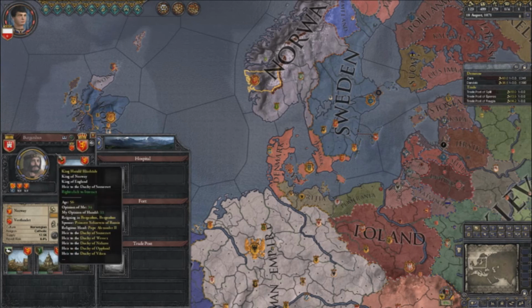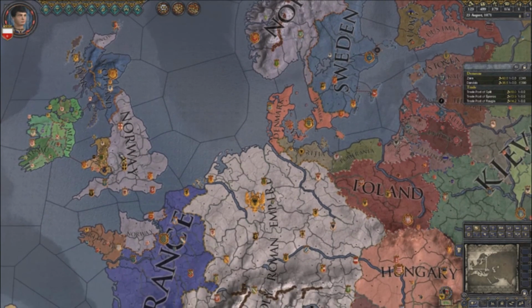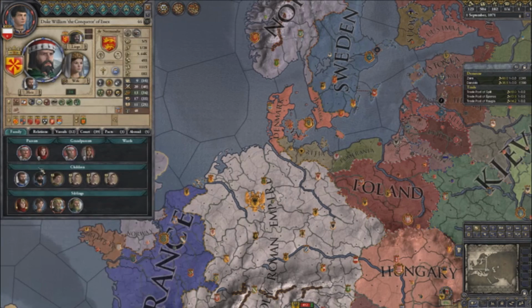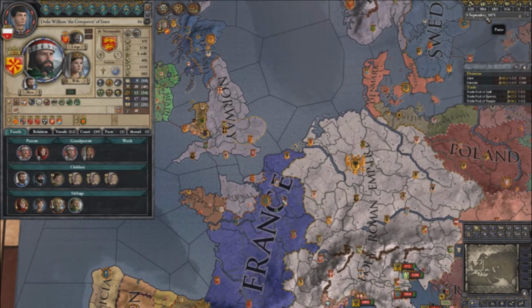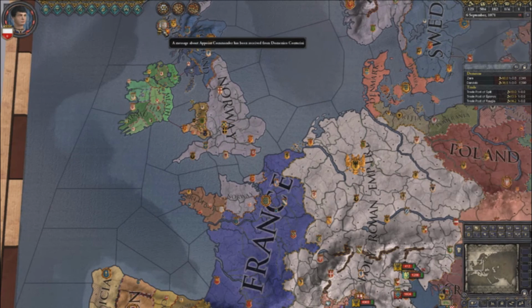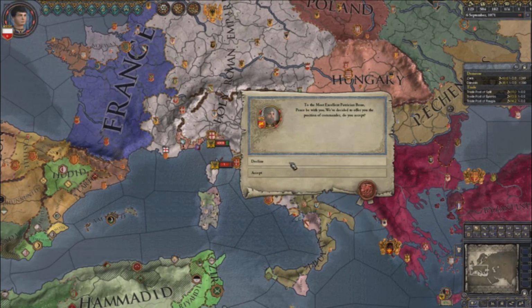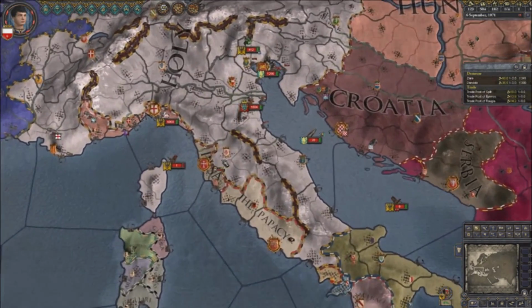Harold Hadrada is still King of Norway and of England. William the Conqueror has been let out of the pen, so to speak. Again, no, I do not wish to be a commander.